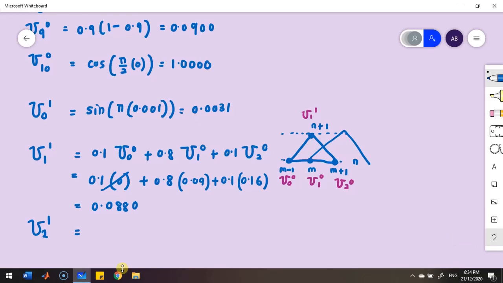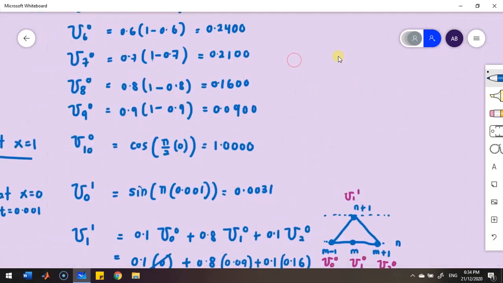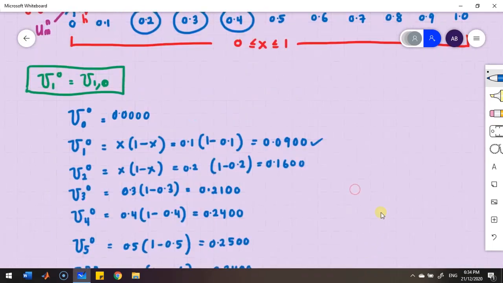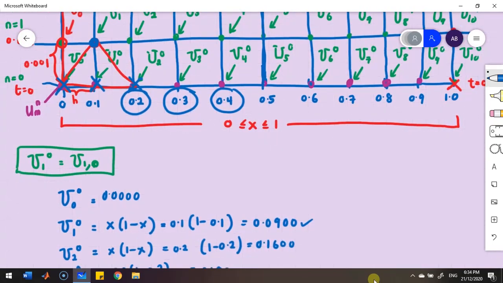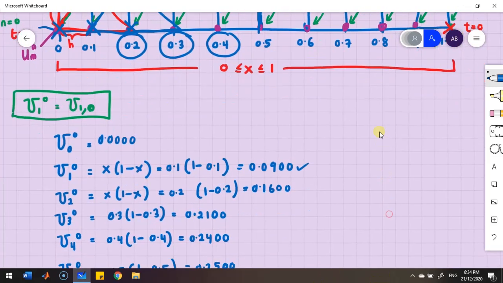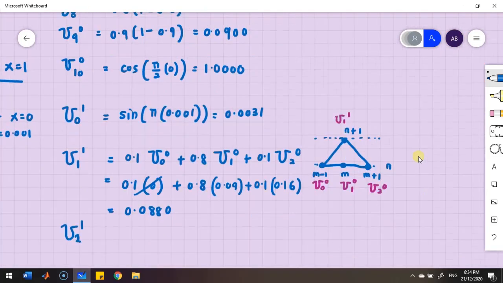Just look at the main diagram that we have done up here. I think you already understand how to find it. To find u21, this circle here, we need u10, u20 and u30.